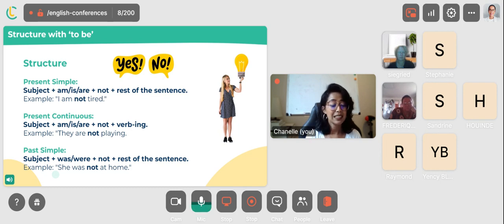For the past simple, we will have the subject plus was and were, because the past tense of the verb to be, am, is, are, is, was, and were. We add not and then the rest of the sentence. For example, she was not at home.